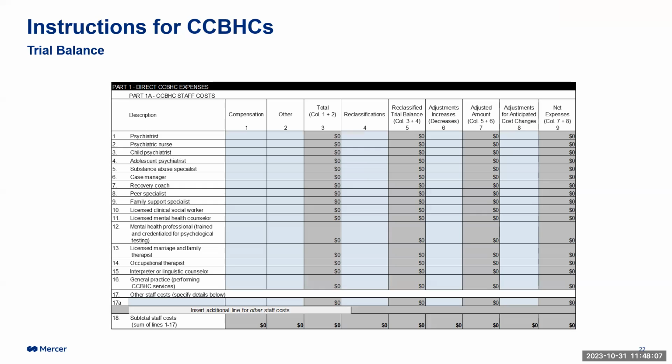Okay. So as Toby had mentioned, once column 3 totals the audited financial statements, on the reclassifications we're really looking at moving items in between line items. One example is, say, your psychiatrist is also performing some administrative functions of the organization.